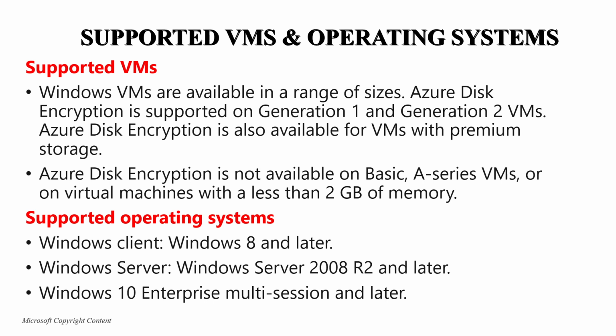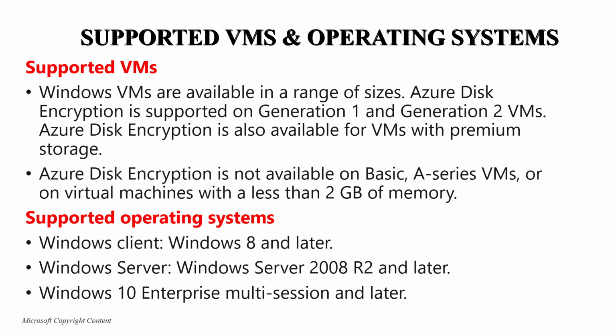Now, supported VM and operating system. If you look at the supported VM, the Azure VMs are available in a range of sizes. Azure Disk Encryption is supported on Generation 1 and Generation 2. We just call it Gen 1.